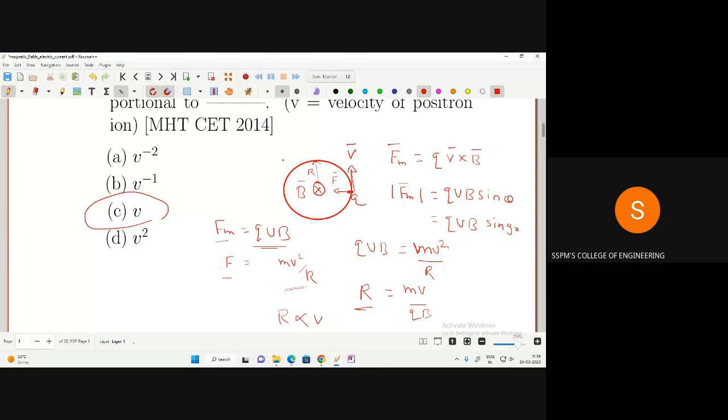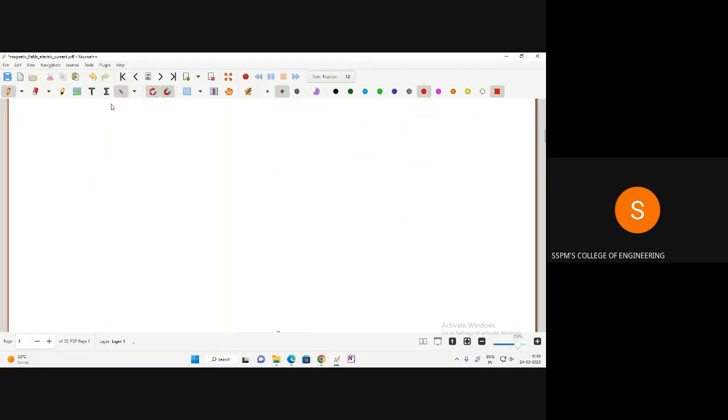That radius is m v divided by q B. Keeping the mass of the charge q and B constant, we can say the radius of the circular path is directly proportional to the velocity of the charge q. So C option is the correct option. Let me move to the next example.